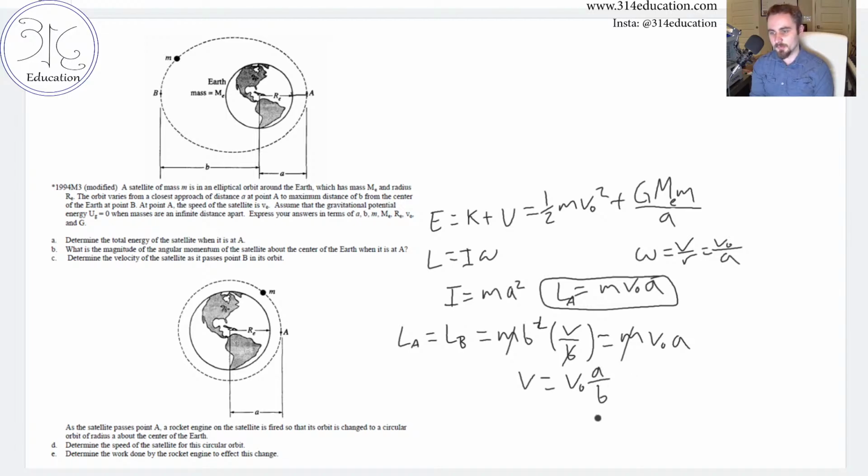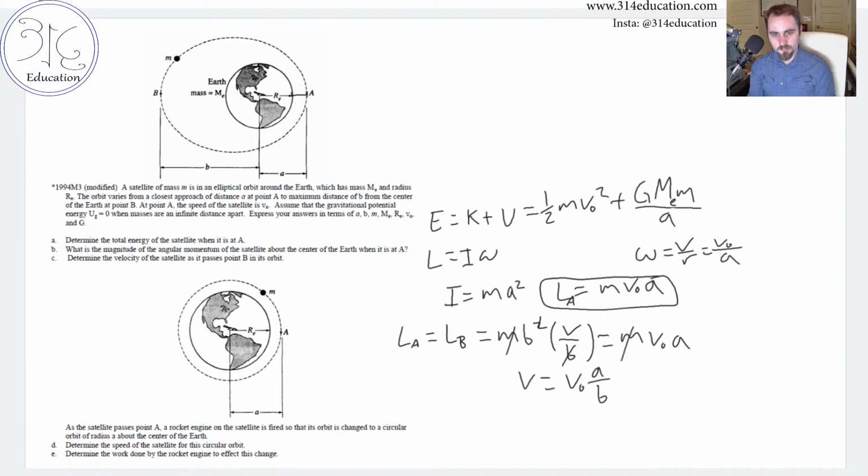We know a is smaller than b, therefore this velocity is lower than v naught. That's what we expected, because this is the moment of highest potential energy, therefore the moment of lowest kinetic energy, therefore smallest velocity. And this is smaller than our fastest speed up at this region here. Good.